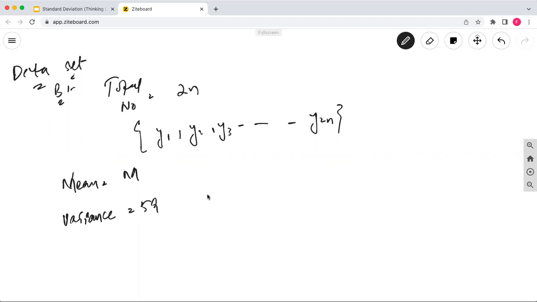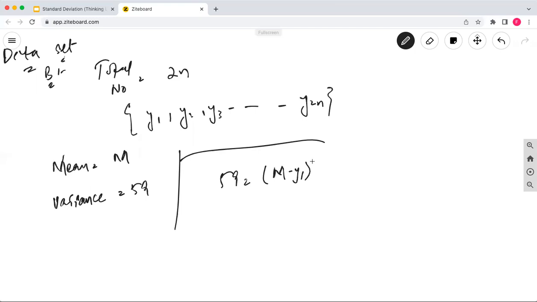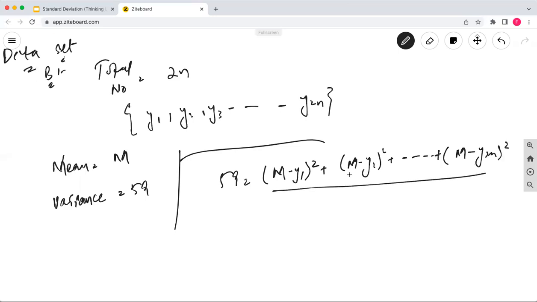Again, if I use the formula, variance, which is 59, is equal to the sum of squared deviations, (m minus y1) squared plus (m minus y2) squared up to plus (m minus y2n) squared, divided by the total number of elements, which is 2n.